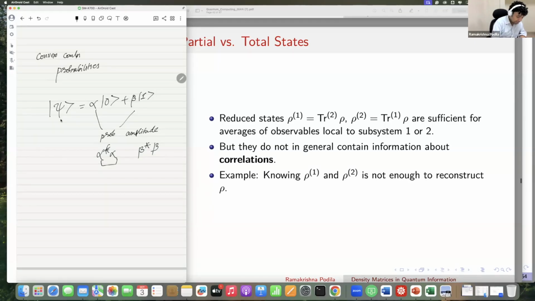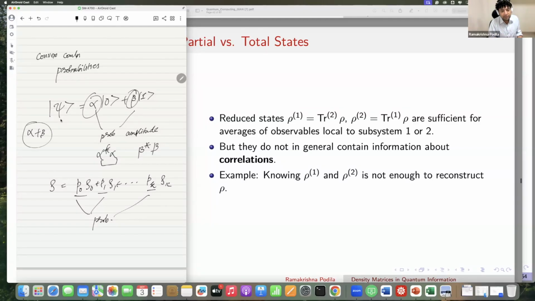So when I say rho, a density matrix, is equal to P0 rho 0 plus P1 rho 1, and so forth, Pk rho k, that means P0, P1, Pk are all probabilities, and they always add up to 1. But here the probability amplitudes do not add up to 1. If I add alpha plus beta, this need not be equal to 1. In fact, it could also be complex, so alpha plus beta itself does not have any meaning. What is meaningful is alpha squared plus beta squared, which must be equal to 1. So this is not really a convex combination.